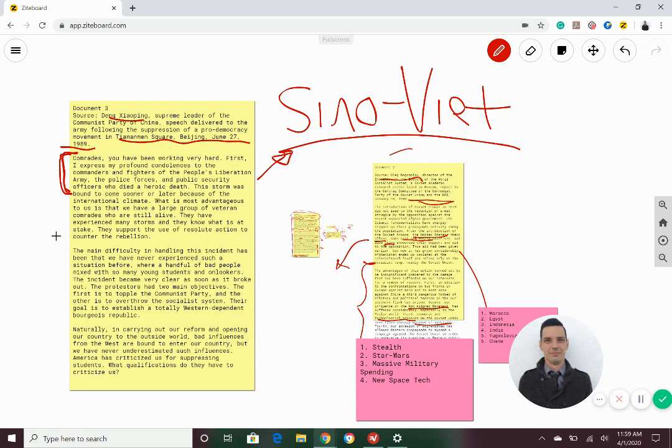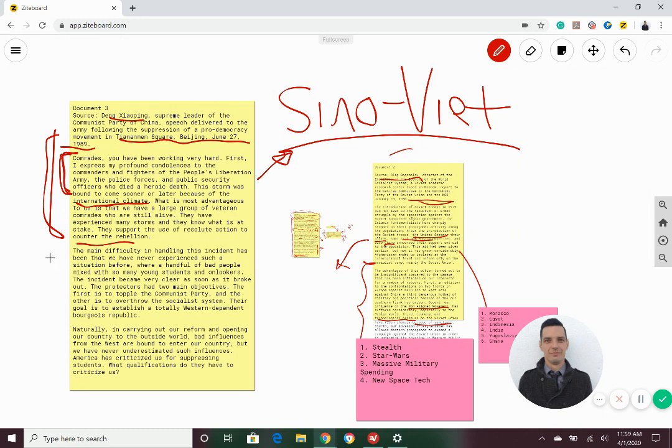And so the current climate, what he's referring to is that the West is not happy about Tiananmen Square. So he has lots of commanders from the Sino-Viet War, and he's saying we're going to need those due to what's going on. There's Western influence on their society. They support us in actions that counter rebellion, such as Tiananmen Square.